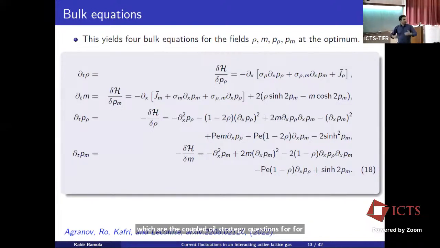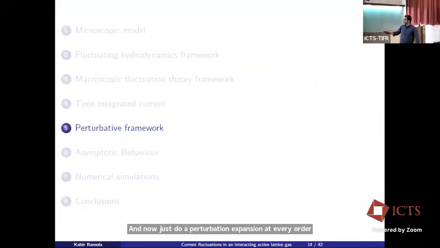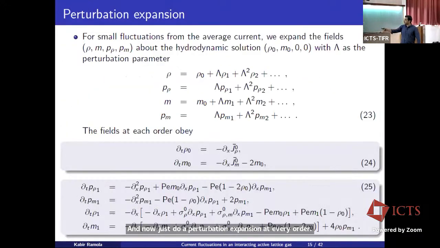And now just do a perturbation expansion at every order. At the 0th order, you expect the original hydrodynamic equations to reappear. That's what happens because the P fields are 0. P basically gives you the conjugate to how much the fluctuations are. And at the 1st order, you get this. Again, it looks quite complicated, but now we should be able to solve it step by step. So that's what we will do.